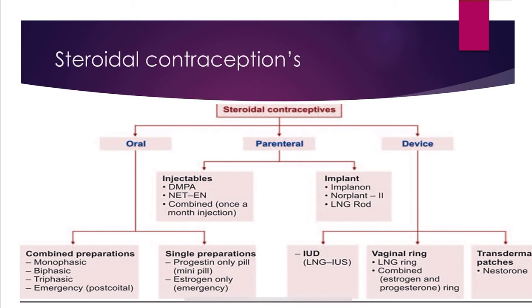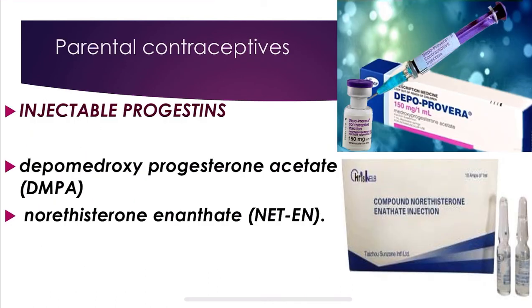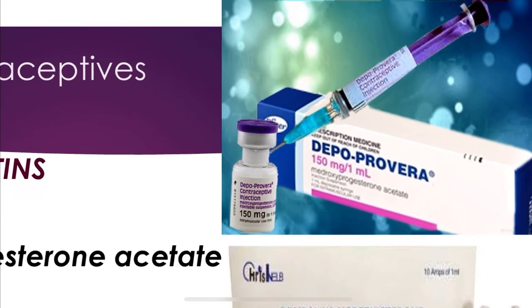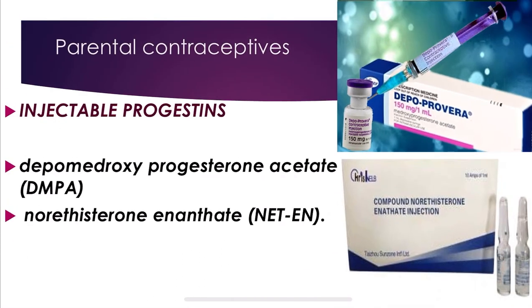We move on to the parenteral. Parenteral are injectables and implants. The injectables are DMPA, NET-EN, and the combined once a month injection. This is the combined and you take it once a month. I'll show you along with them the DMPA and NET-EN.